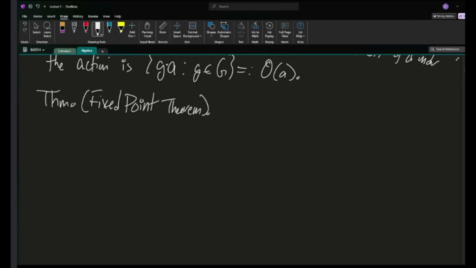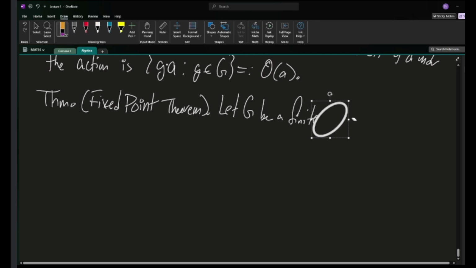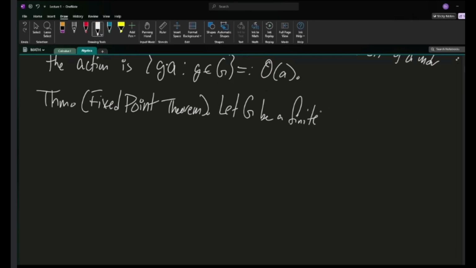All right. Okay, cool. So the fixed point theorem states: let G be a finite group of isometries of the plane.